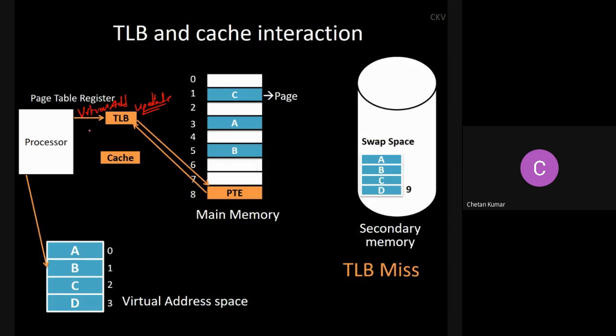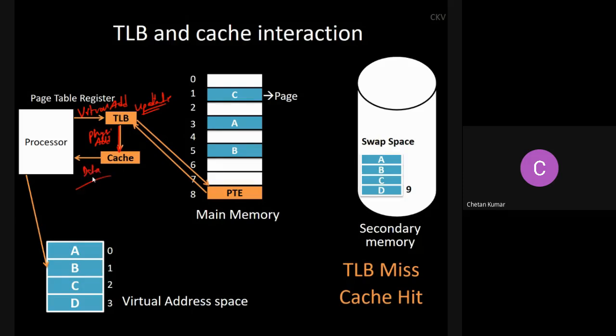Then I'll get the physical address and send it to the cache. The cache might be a hit, so the data I'm looking for might be available and I can send it to the processor.